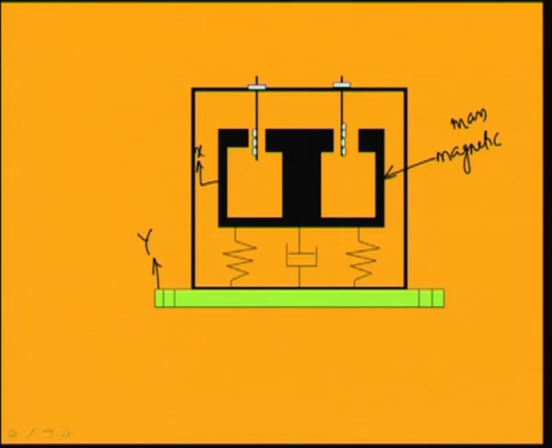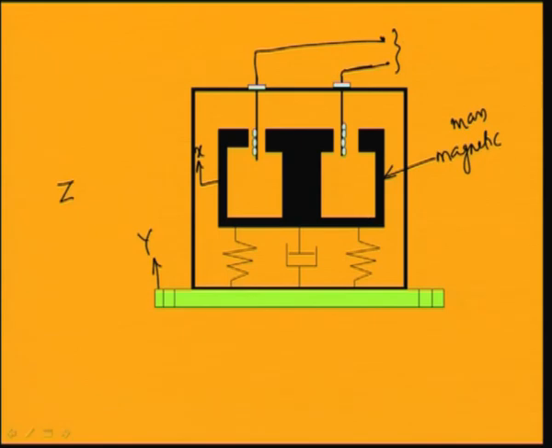Due to this there is a relative motion z, which is proportional to the change in flux in this coil. As the coil is hanging, when this mass is vibrating up and down, there will be a change in flux in this coil. Due to the change in flux, you can tap out a voltage and measure the relative displacement.